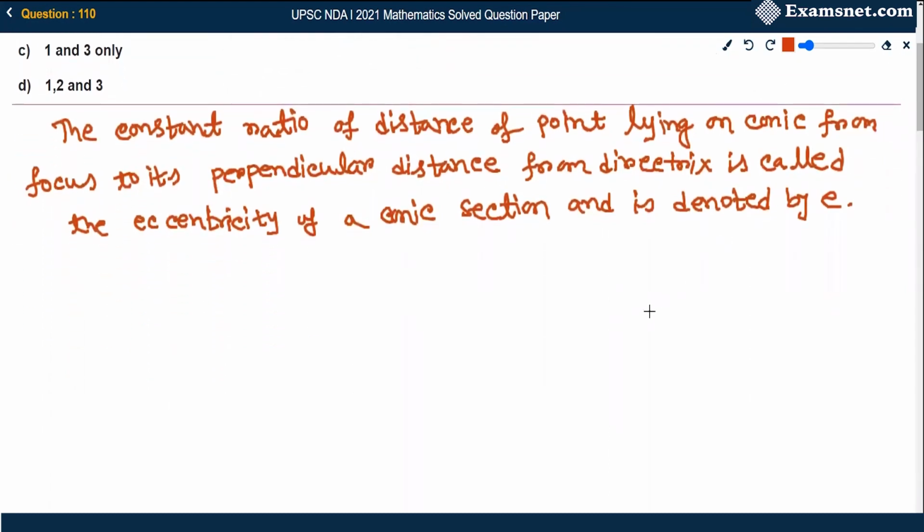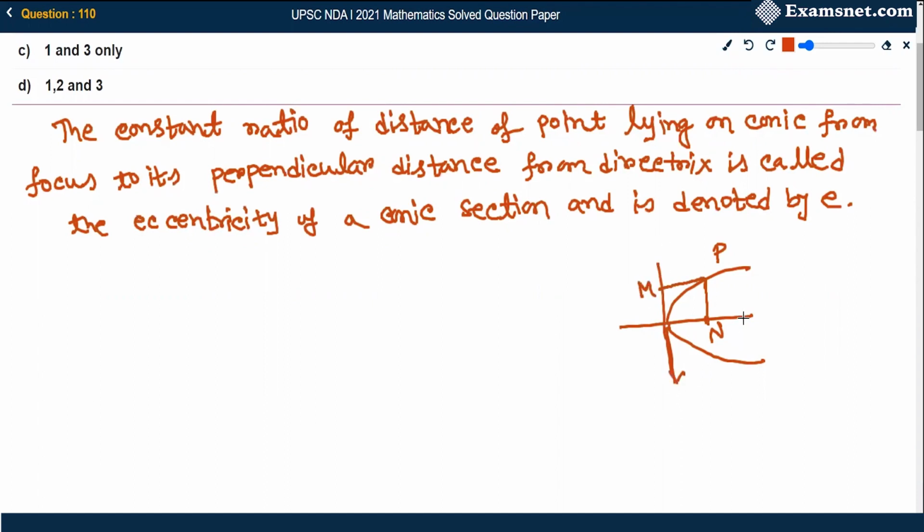I can show you with the help of a parabola. Look here, this is a general diagram of a parabola. Let's say here is the focus, and there is a random point, say P. PN is perpendicular on the axis, and PM is perpendicular on the directrix.